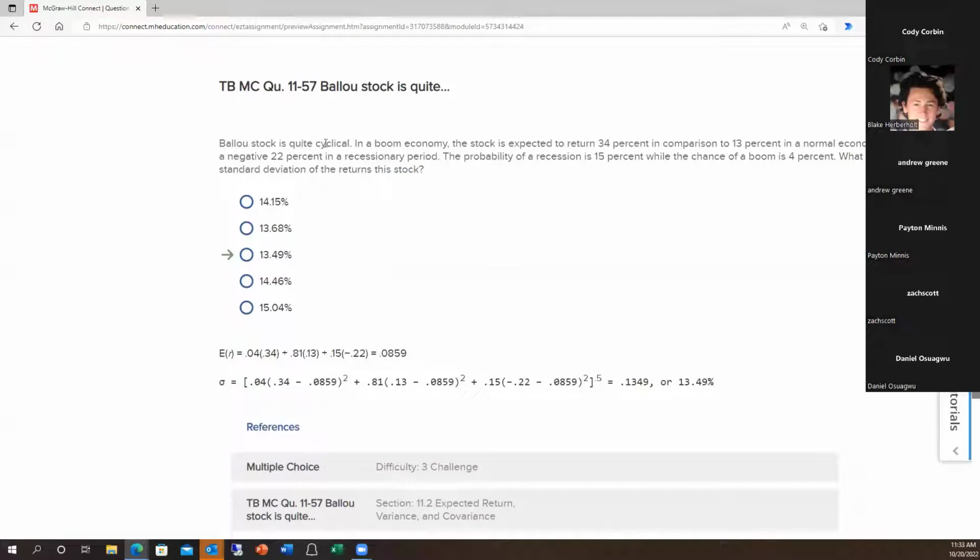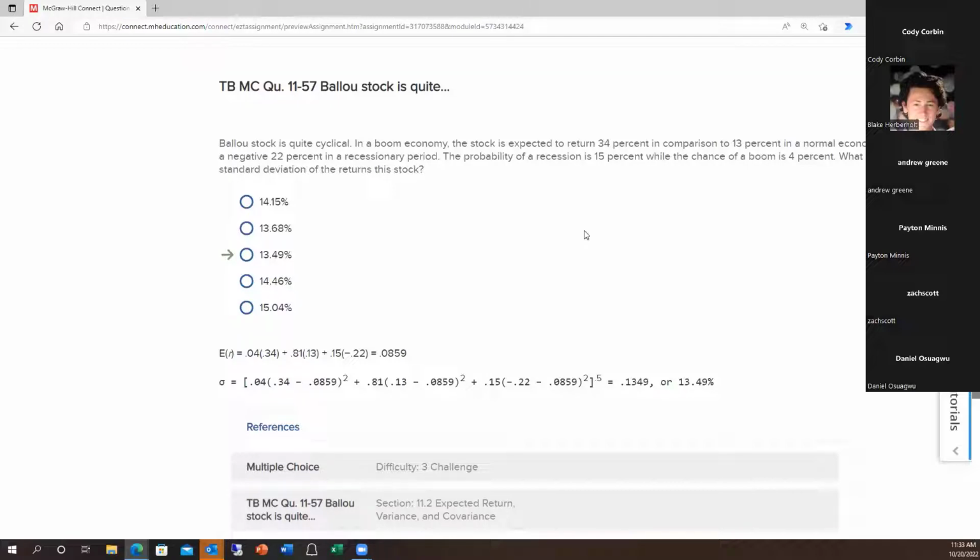Baloo stock is quite cyclical. In a boom economy, the stock is expected to return 34% in comparison to 13% in a normal economy and negative 22% in recession. The probability of a recession is 15%, while the chance of a boom is 4%. What is the standard deviation of returns of this stock?